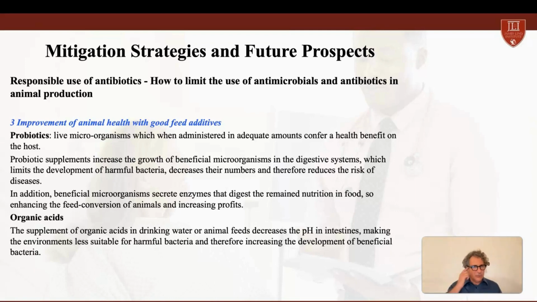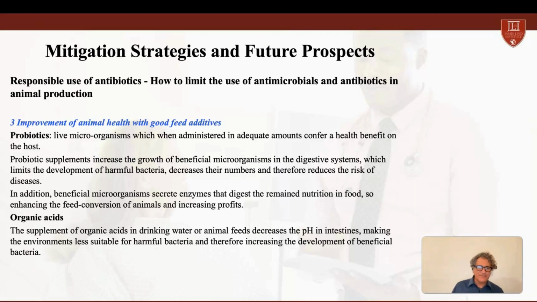For example, the use of probiotics, which are live microorganisms that, when administered in adequate amounts, confer a health benefit on the host, on the animal. Probiotic supplements increase the growth of beneficial microorganisms in the digestive system, which limit the development of harmful bacteria, decrease their number, and therefore reduce the risk of disease.